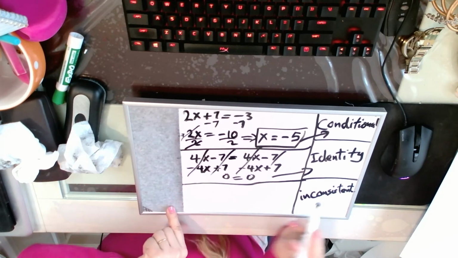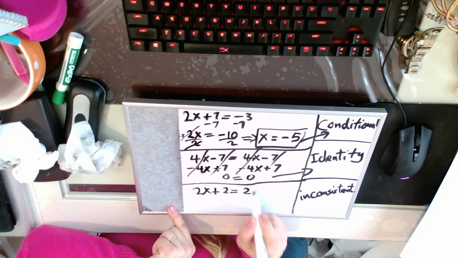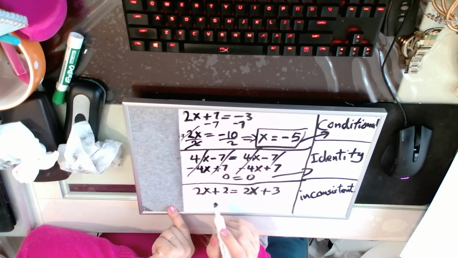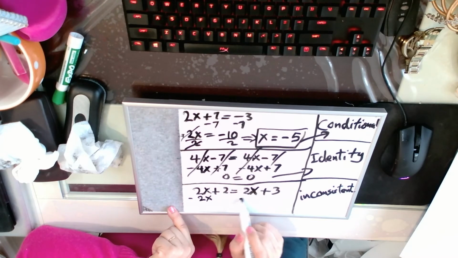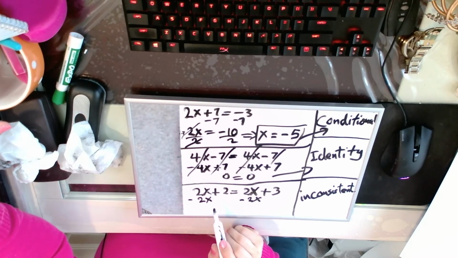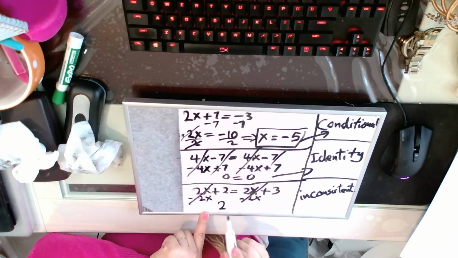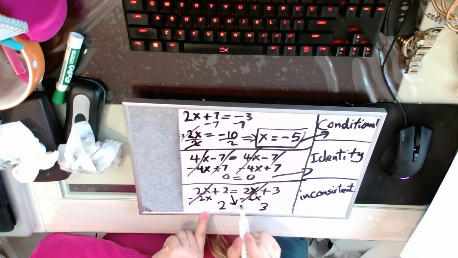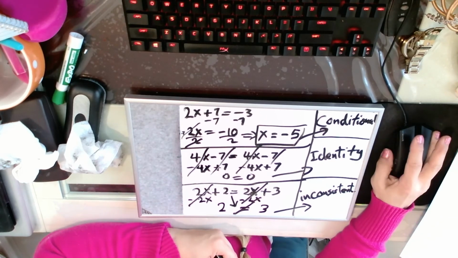Okay, inconsistent. 2x plus 2 equals 2x plus 3. To get rid of the 2x, just subtract 2x from both sides, right? So this is gone. 2 and 3, but they said equals, but they are not equal, so this is inconsistent.